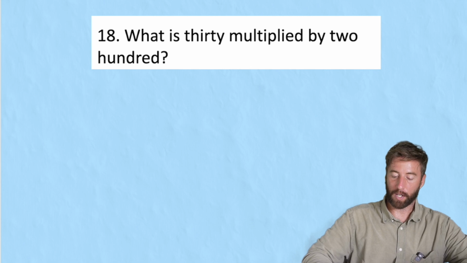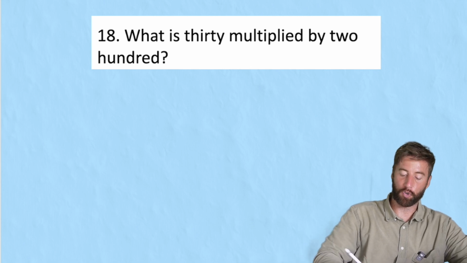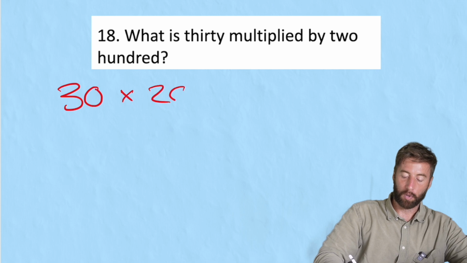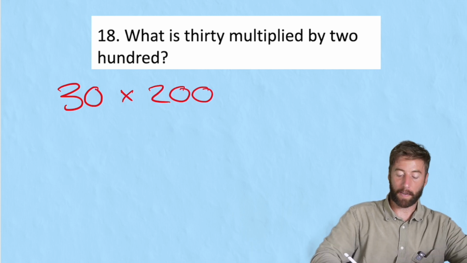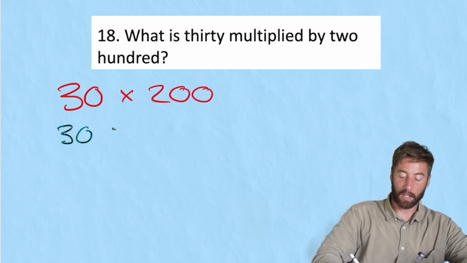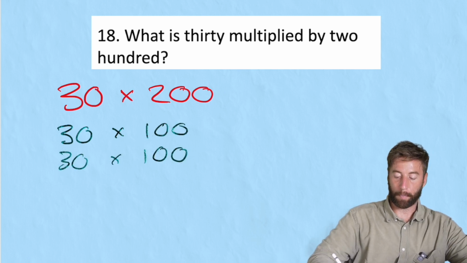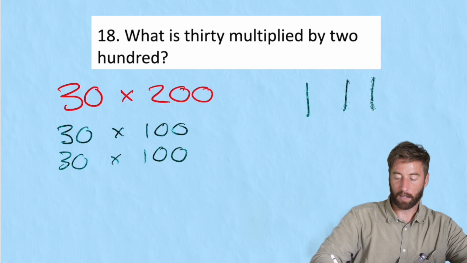Question 18. What is 30 multiplied by 200? So I have 30 multiplied by 200. Well, we could use our place value chart to work out what 30 times 100 is, and then just do it again and add them together. So let's use my place value chart over here.